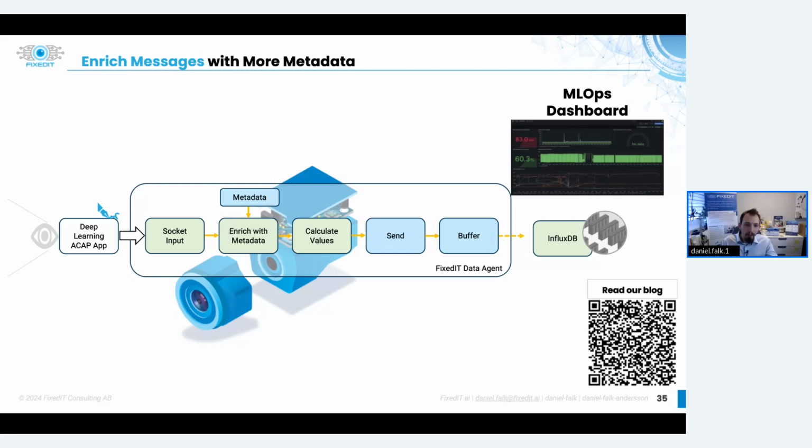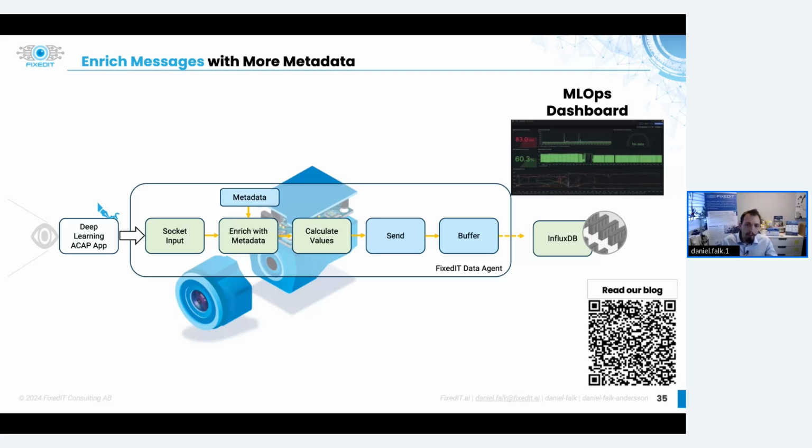So it's again about combining these different information from different silos. In this case, it's kind of micro silos in the camera, where information from different subsystems of the camera are interesting to visualize together. And then we can make use of the data agent to merge all these things together and push them to the database.